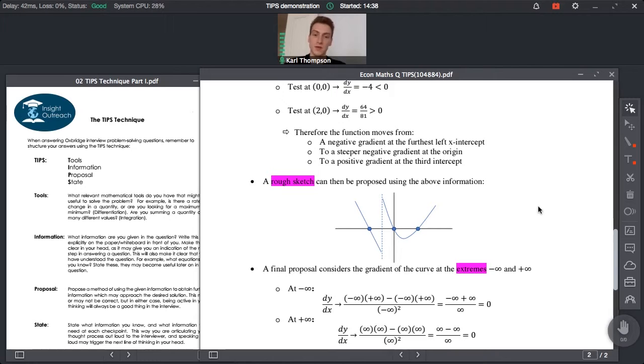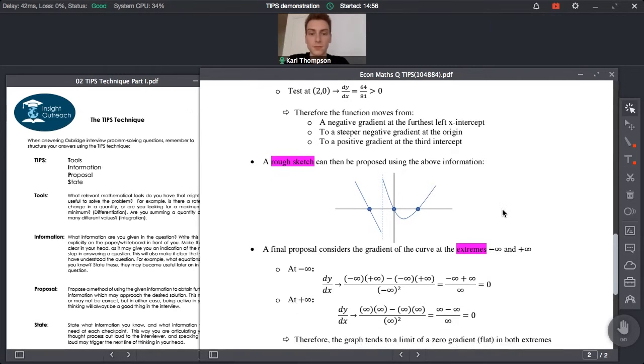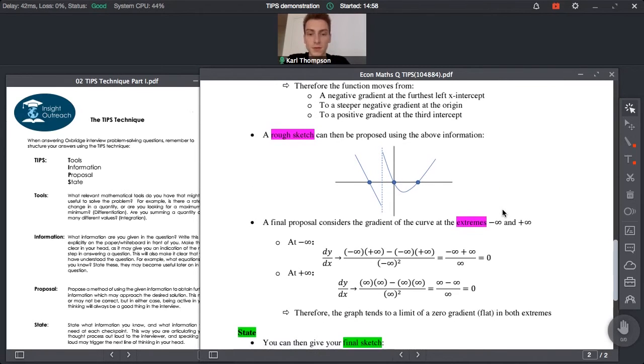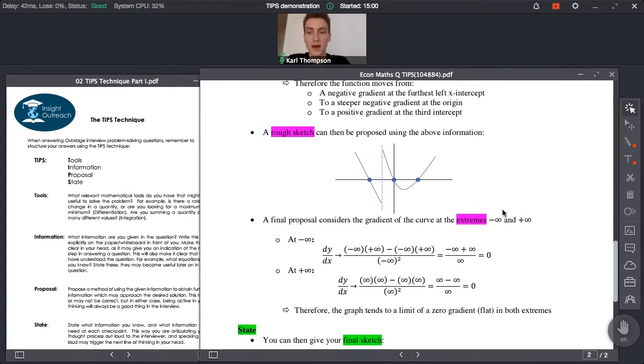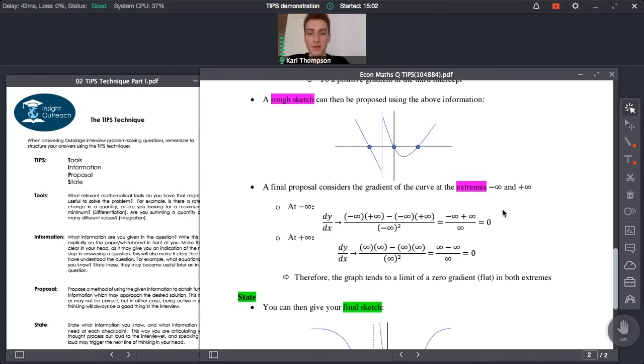So furthest on the right and furthest on the left, we observe a 0 gradient. So rather than this sketch that I've drawn here, the curve is going to flatten out at both extremes, as I've stated there.